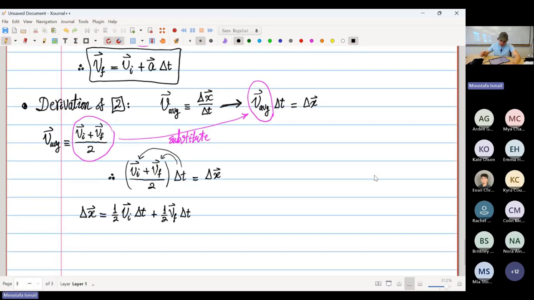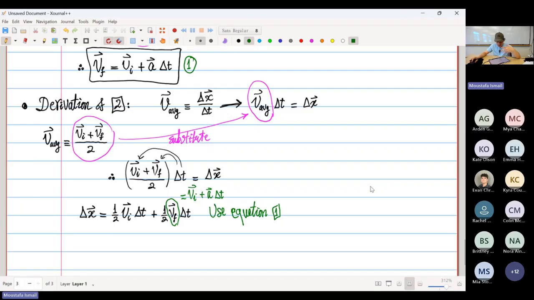So far, so good. Now I'm going to use the equation I derived earlier, which is equation 1. How am I going to use it? I'm going to replace this V final by V initial plus A delta t. This is the equation I derived, equation 1.